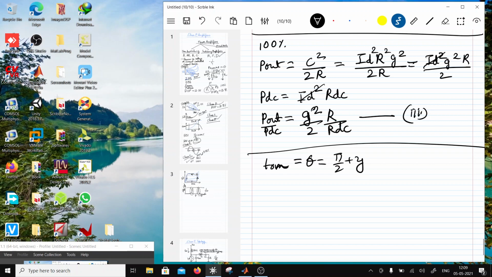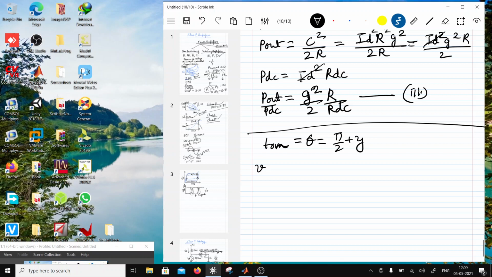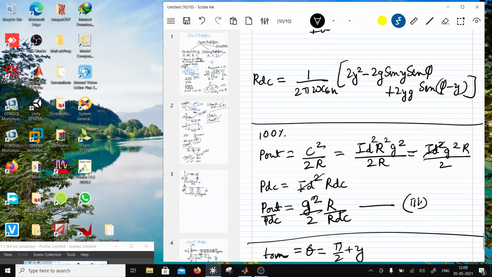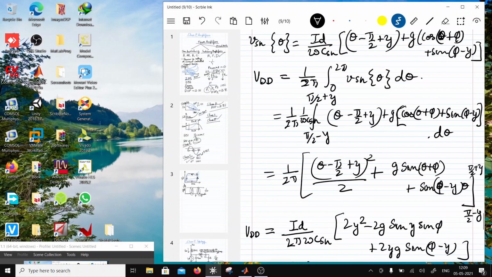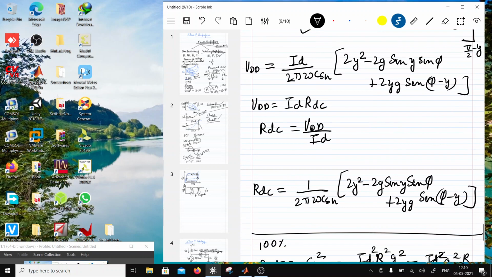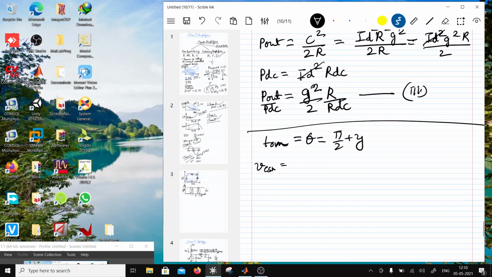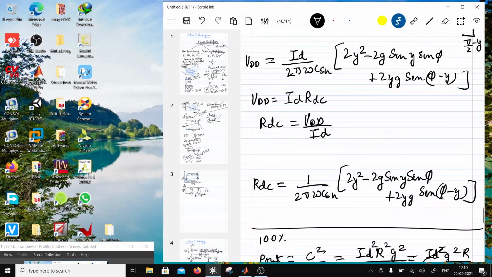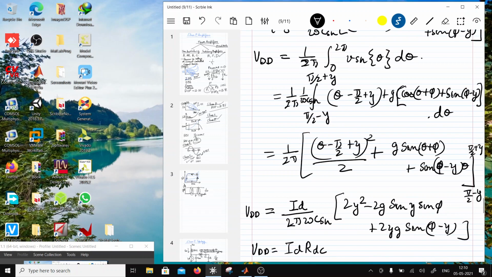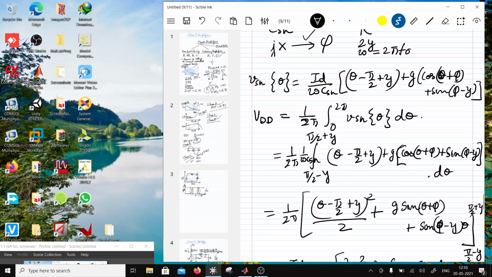At that point VCSH is equal to VSH, where I will put theta equal to pi by 2 plus y.